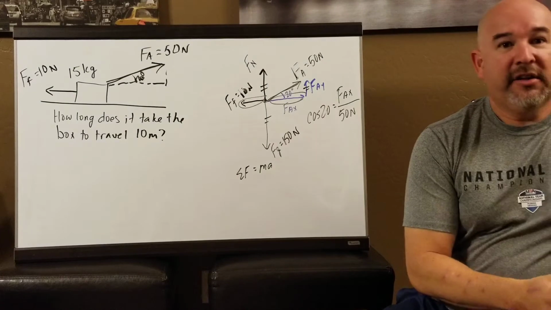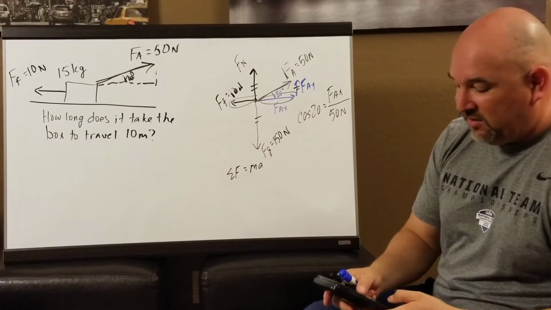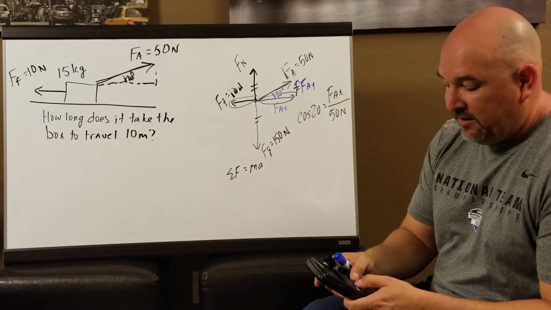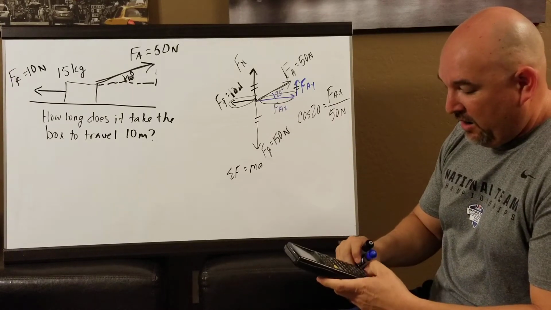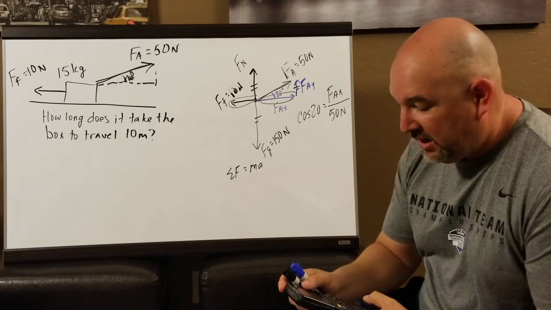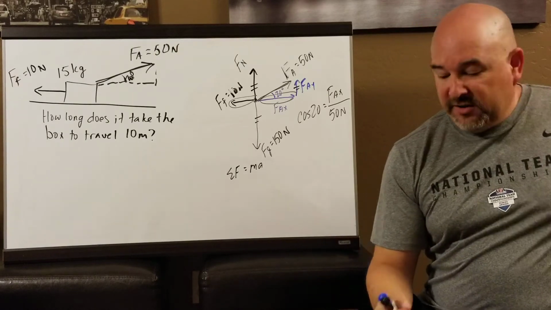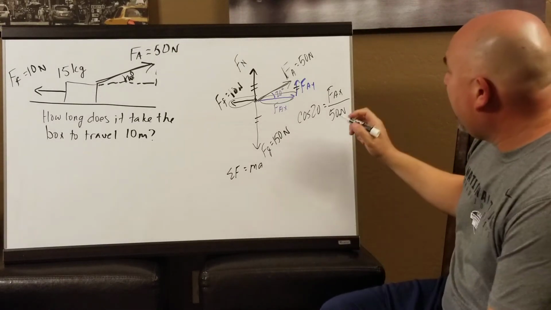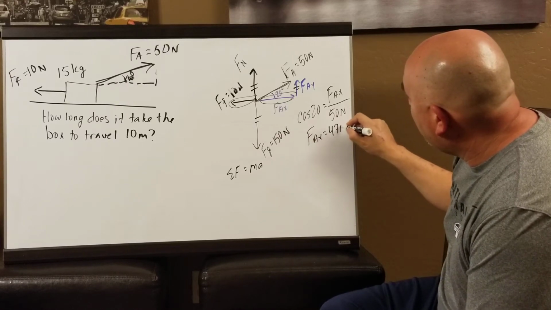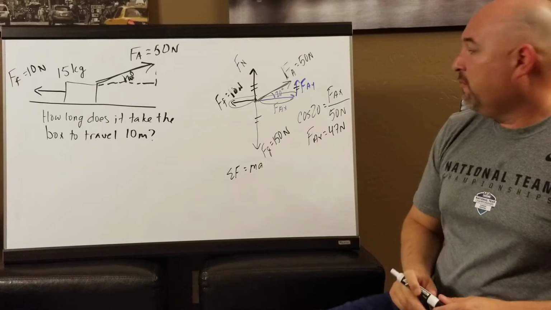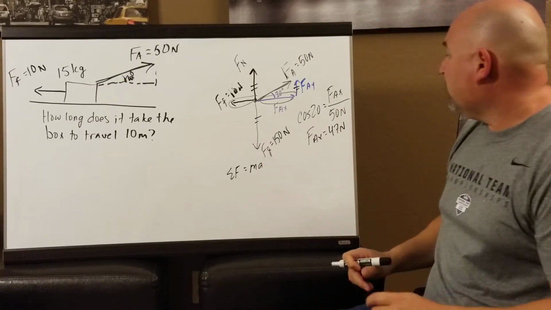So I grab my calculator, make sure that it is in degrees, and it is. So I go through 50 cos 20, and I end up with a force of 47. So 47 newtons is going to be my FAX. I rounded that up from like 46.98 or something like that, so that's fine.